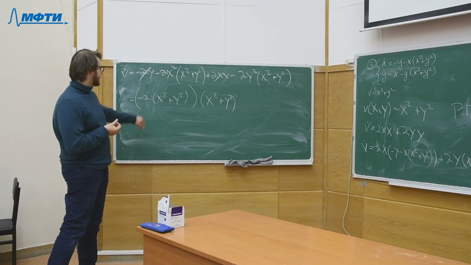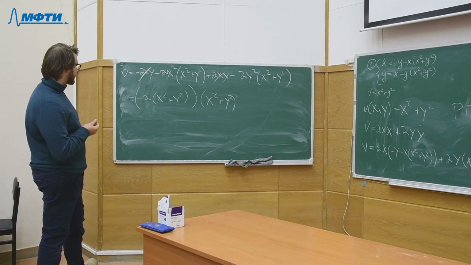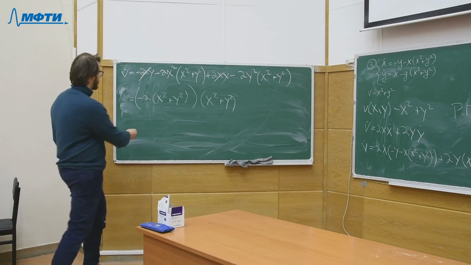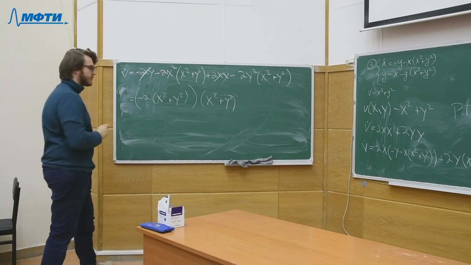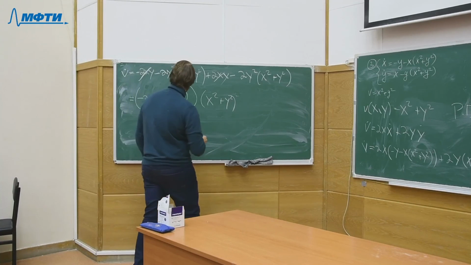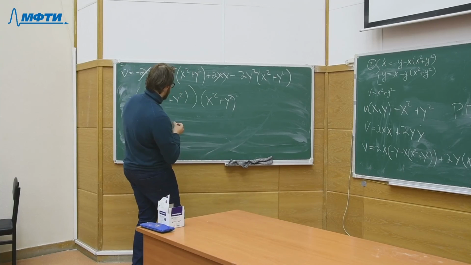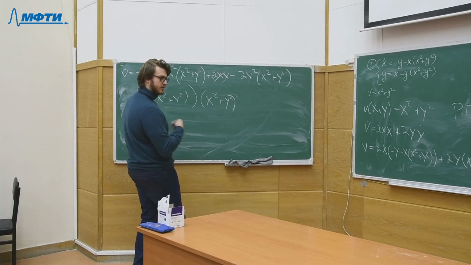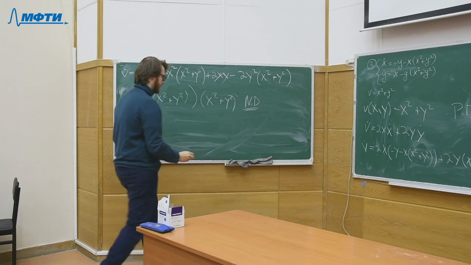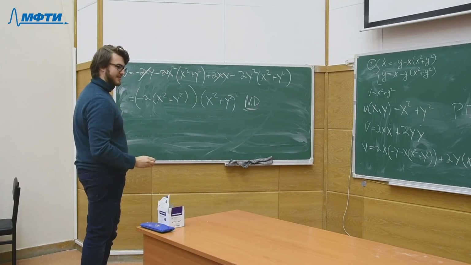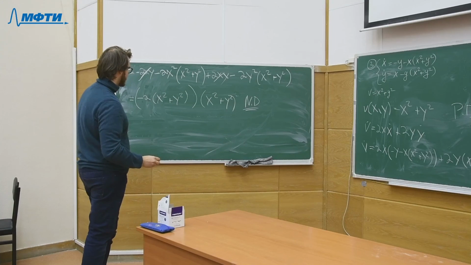It is always negative, and it is 0 only at the origin. So it is negative definite, and the system is asymptotically stable by Lyapunov's stability theorem.